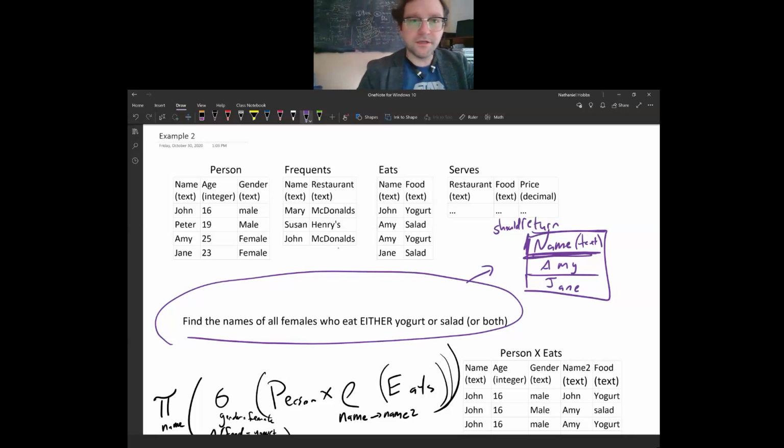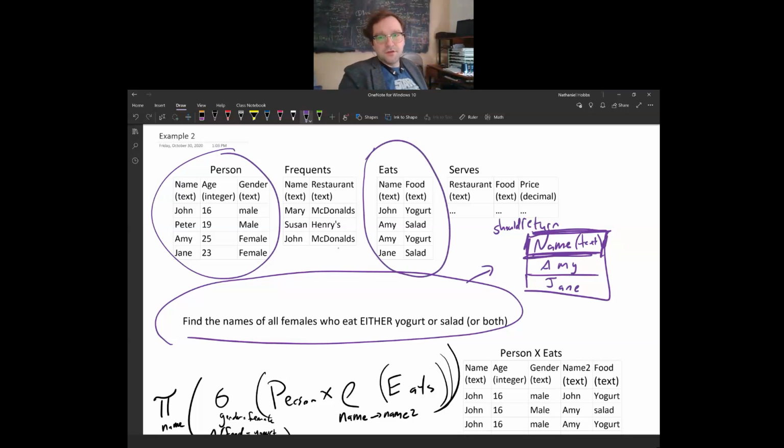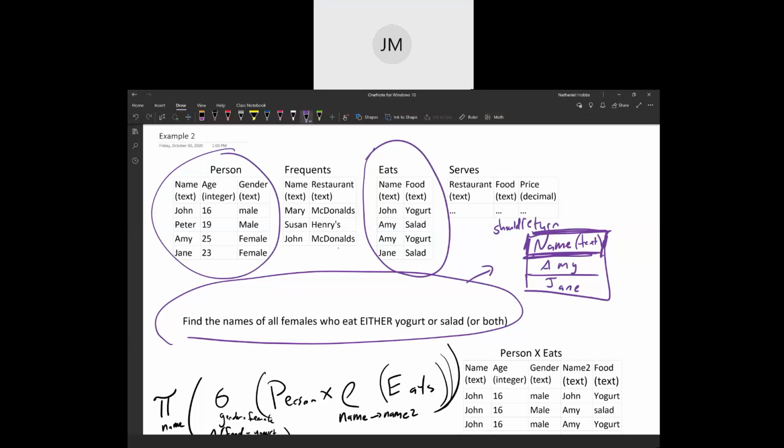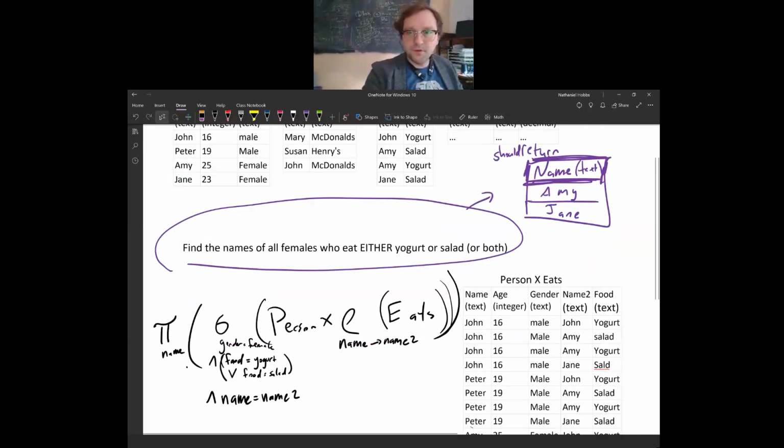And you had to look at these two relations in order to come up with that answer, right? Yep. Okay. So then for this query here, what does this do?